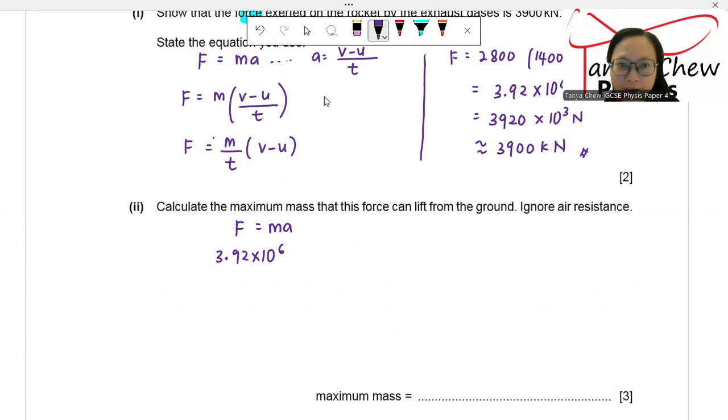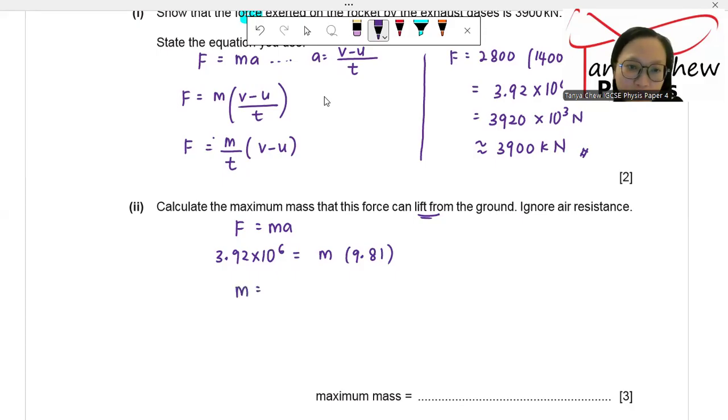So I'm going to calculate the mass and the acceleration to leave from the ground. That means you are going up from the ground, so the acceleration must be the acceleration of free fall, which is 9.8, because you want to lift it up. Lifting or falling, that acceleration is related to gravitational acceleration. That's the tip for you.